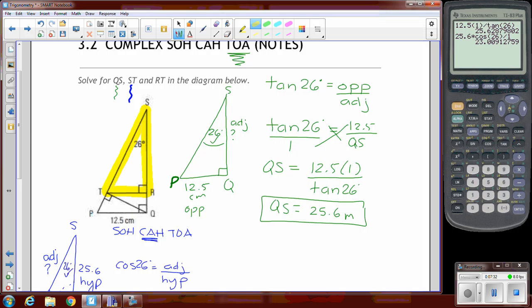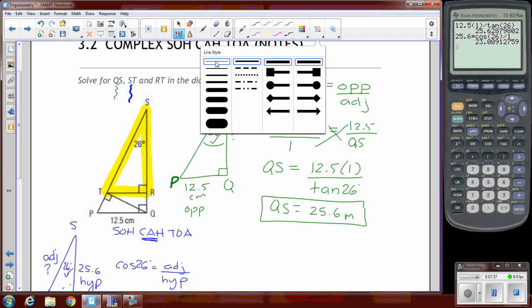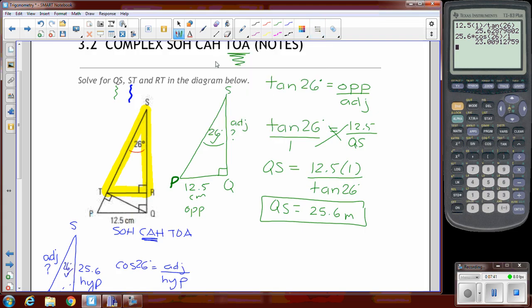And if you look at this triangle that we just drew, we do know two parts of it. We got the 26 degrees, and we just found out that S to T was 23 meters long. So we do have enough information to find from R to T.